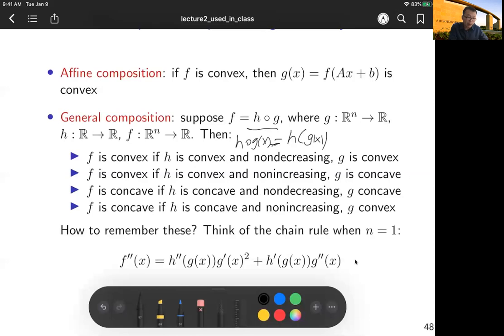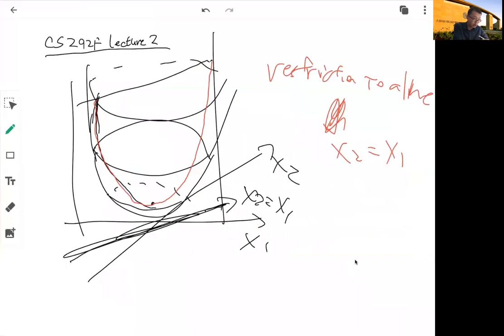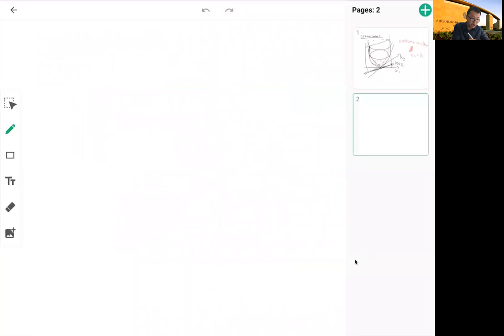But one potential way that you can remember this is through the chain rule in calculus. So let's try to work it out so that we remember how to do this. Let's add a page.